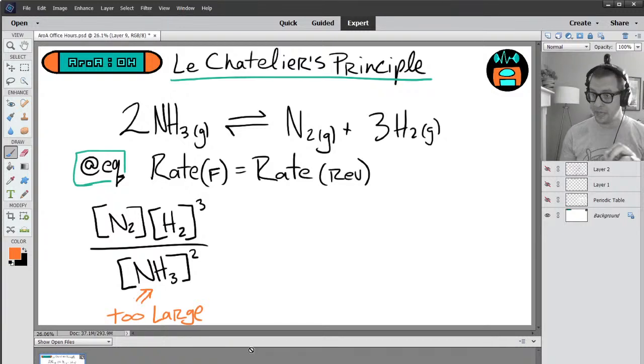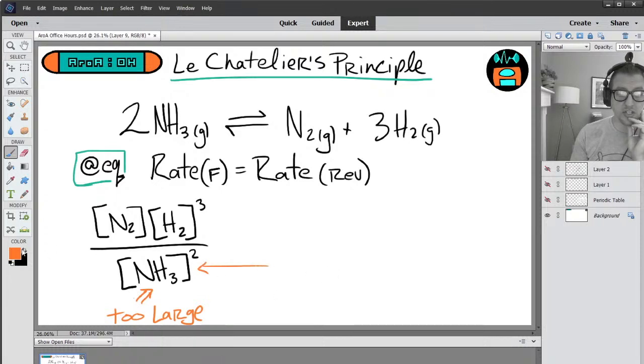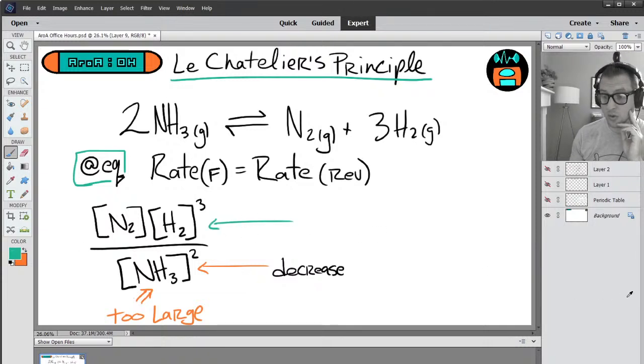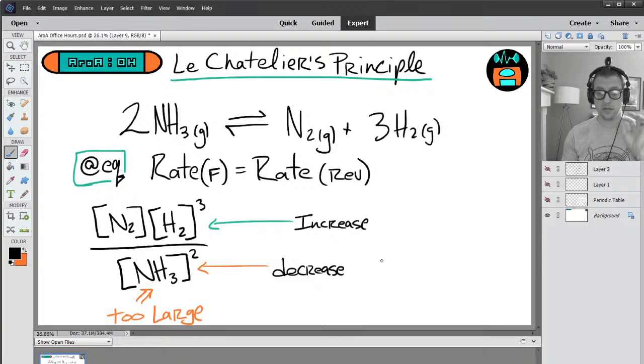So what's going to happen is it's going to react away. This concentration will decrease. These concentrations will increase until the point where this expression once again is equal to the equilibrium constant.